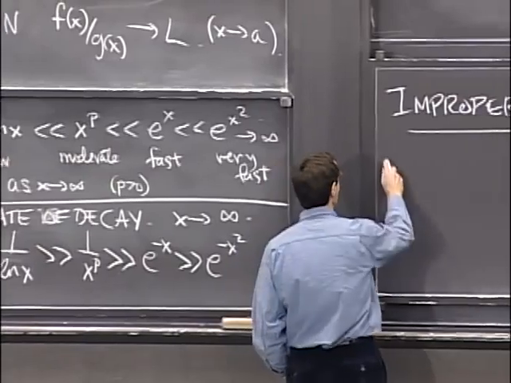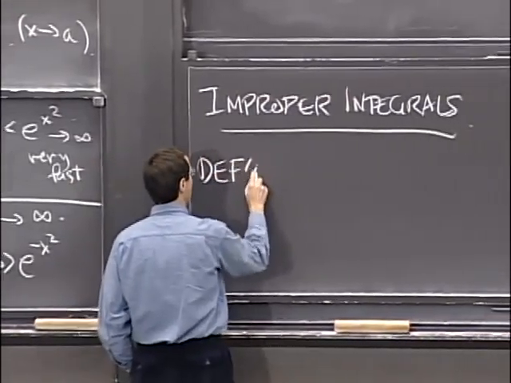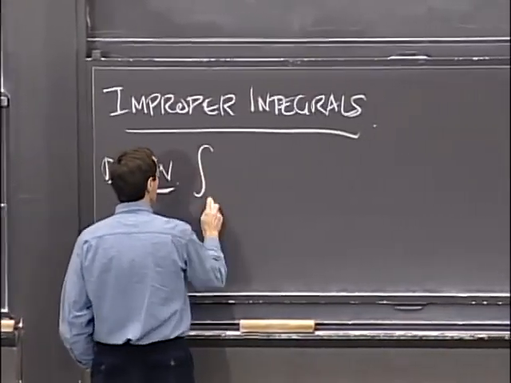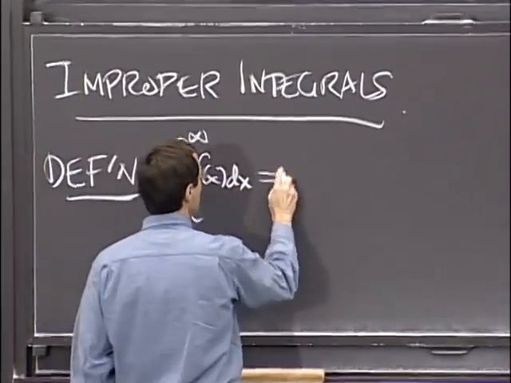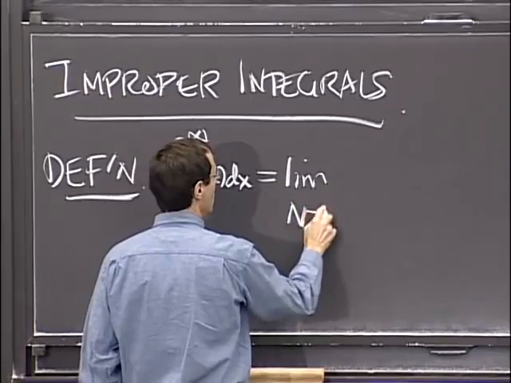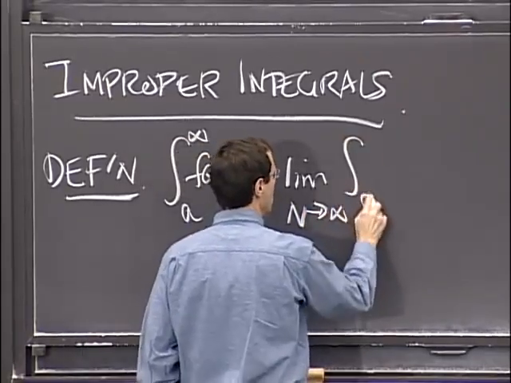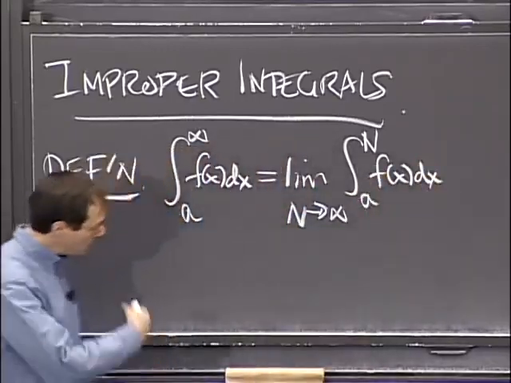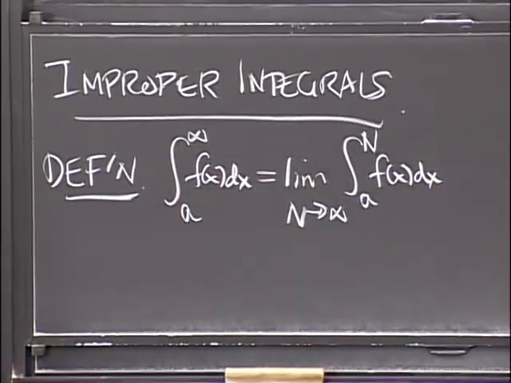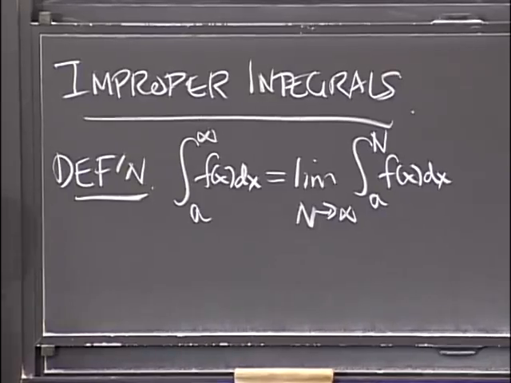Well, let's start out with the definition. The integral from a to infinity of f of x dx is by definition the limit as n goes to infinity of the ordinary definite integral up to some fixed finite level. Well, that's the definition.